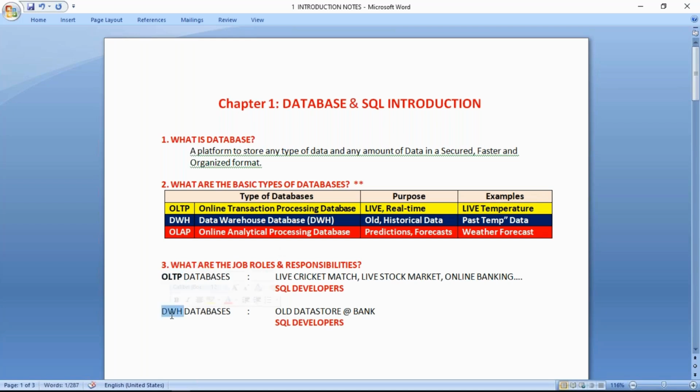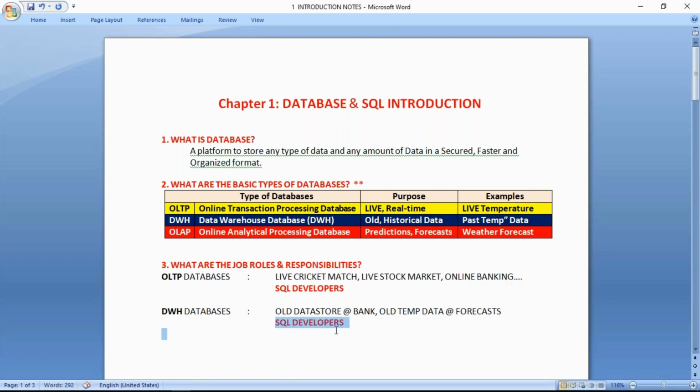You want to get statements for the last 2 years, 3 years, 10 years. That is from the warehouse. Old data from bank or old temperature data. Who is going to use the old temperature data for weather forecast, right? Without past data, we will not be able to get the new data, isn't it? So old temperature data for forecast activities.